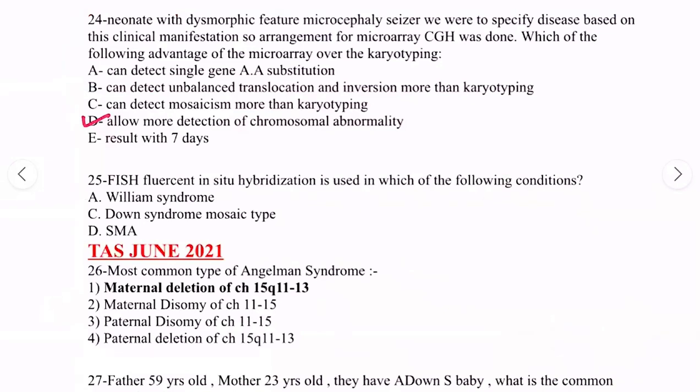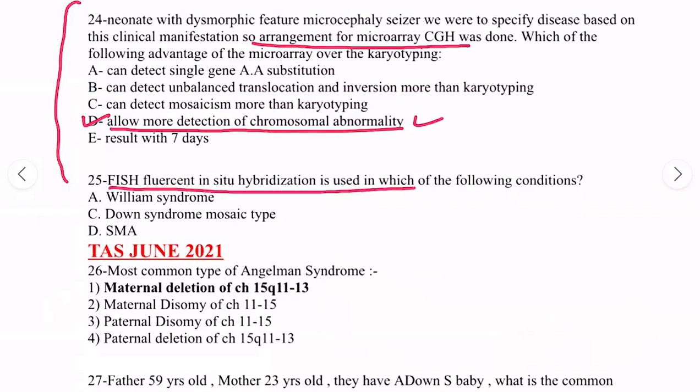This is again the repetition of the question: microarray allows more detection of chromosomal abnormalities. FISH analysis is used for which of the following: Williams syndrome, Down syndrome, or SMA? For SMA we go for genetic testing, DNA sequencing. Williams syndrome is diagnosed by FISH.